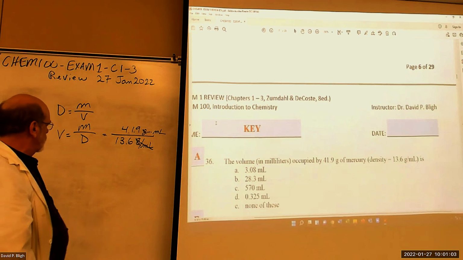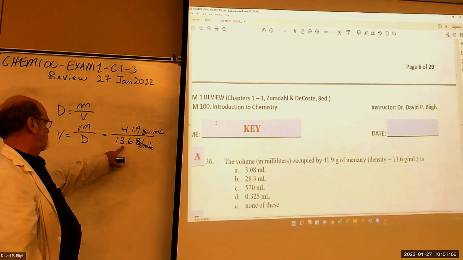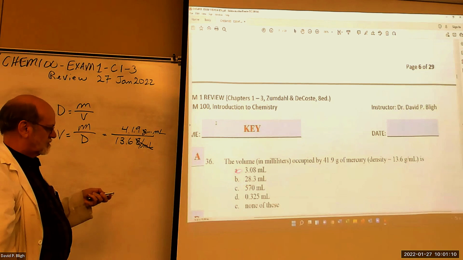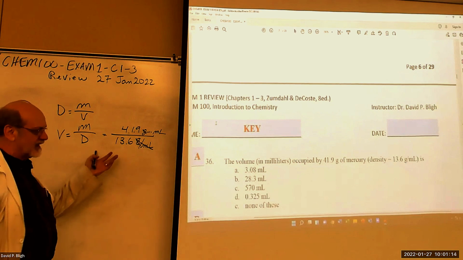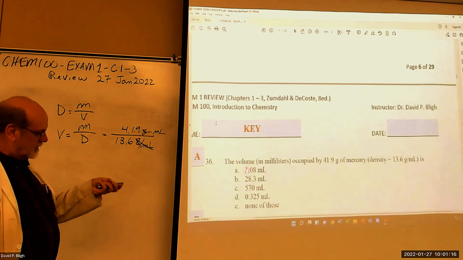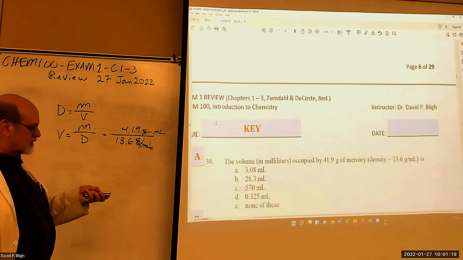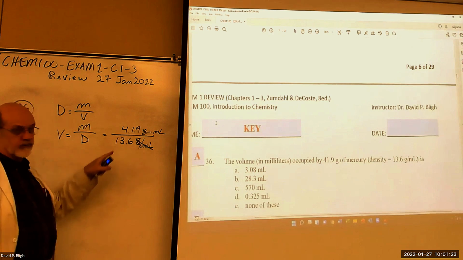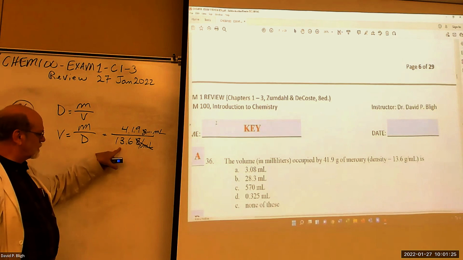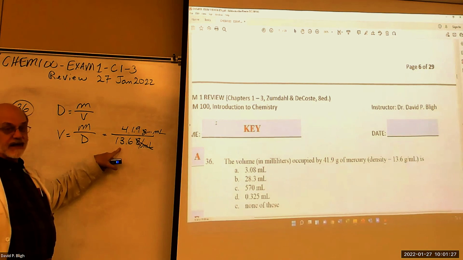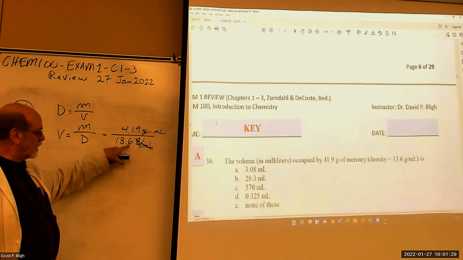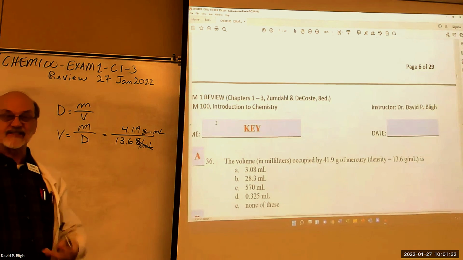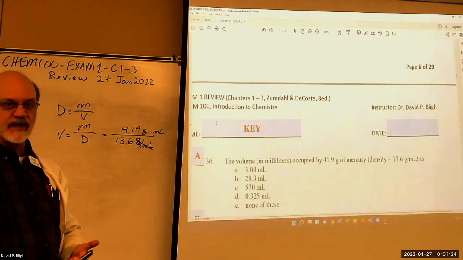So that should be in the neighborhood of 3. I get the answer by estimating it and looking at the choices. That's too small. That's too big. That's too big. This is the only one that comes out. 13 into 41. What's 3 times 13? 39. So bump it up a little bit. Yeah. Estimation can save you a lot of trouble.